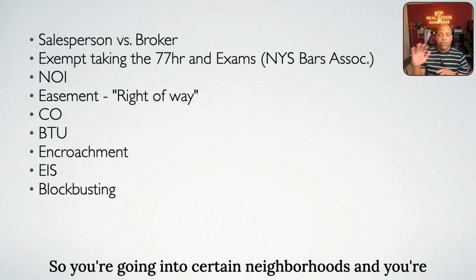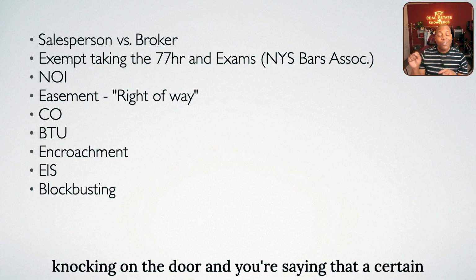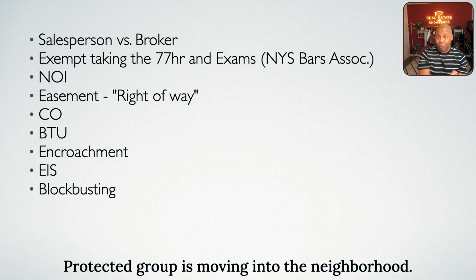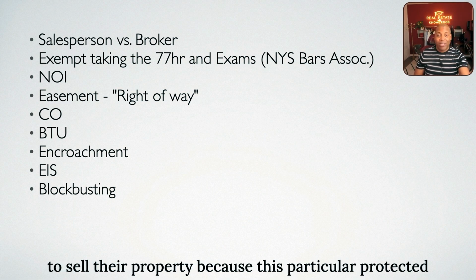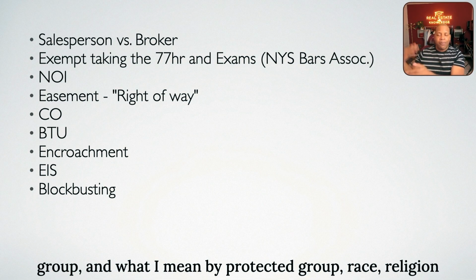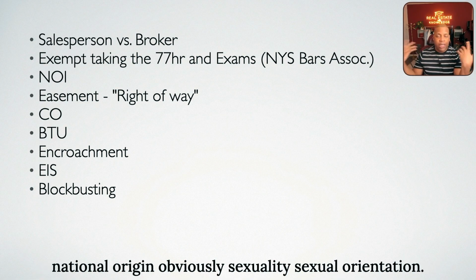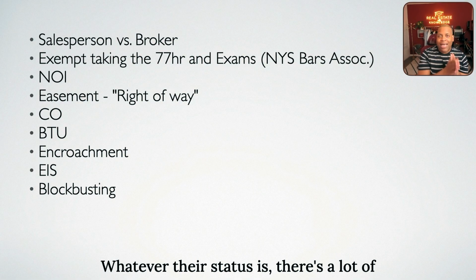So you're going into certain neighborhoods and you're knocking on the door and you're saying that a certain protected group is moving into the neighborhood and that they should sell, right? They should allow you to sell their property because of this particular protected group. By protected group, I mean race, religion, national origin, sexuality, whatever their status is.